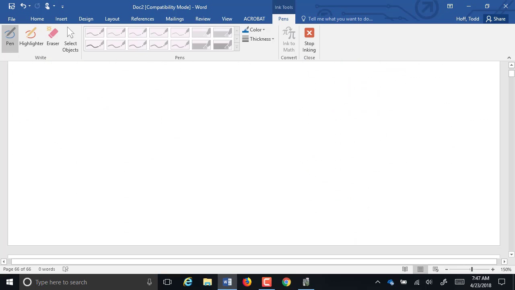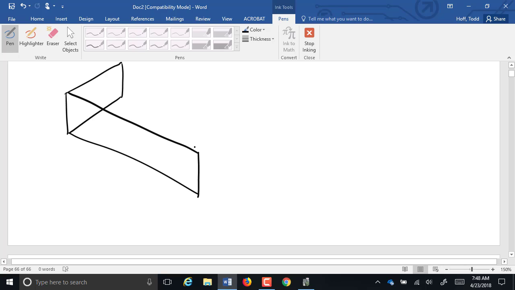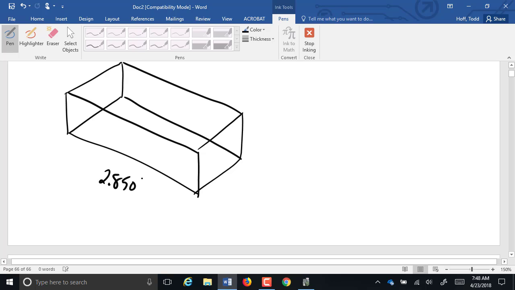So I want you guys to try one. Yes, I realize I'm going to have to give you some time just to sketch out the picture. So let's say this is 2.850 inches, 1.115 inches, 0.925 inches.